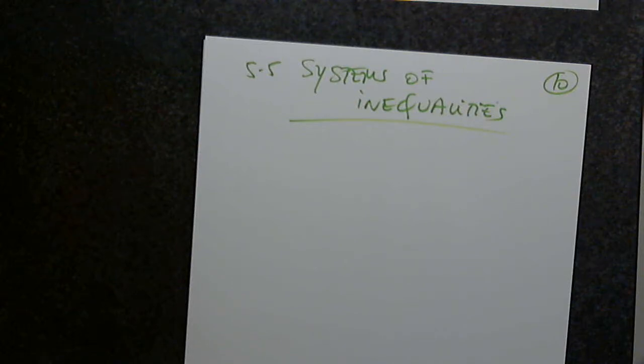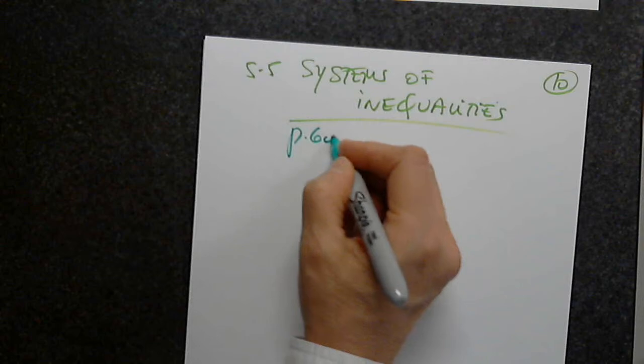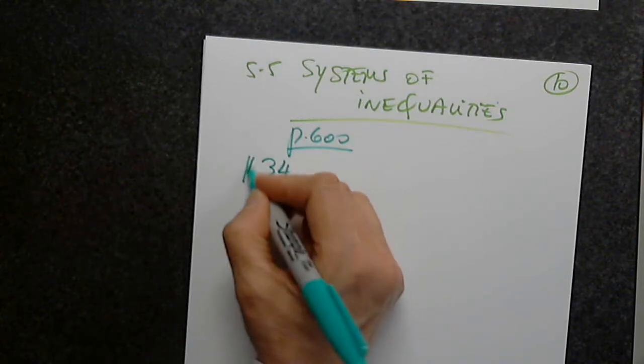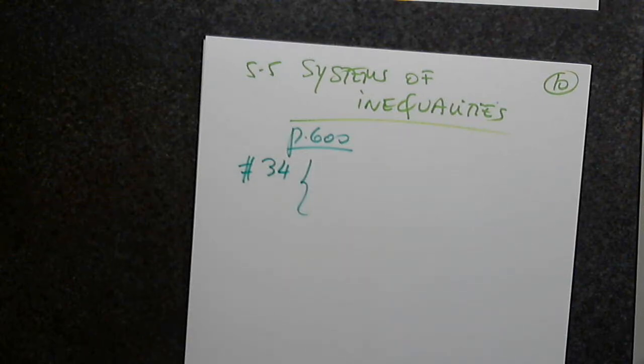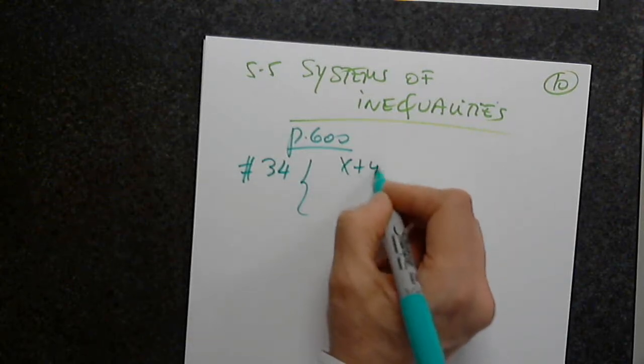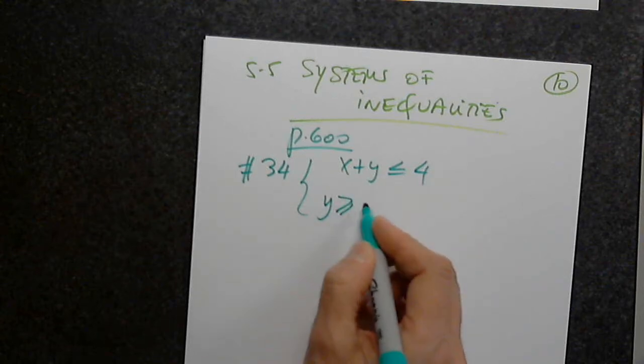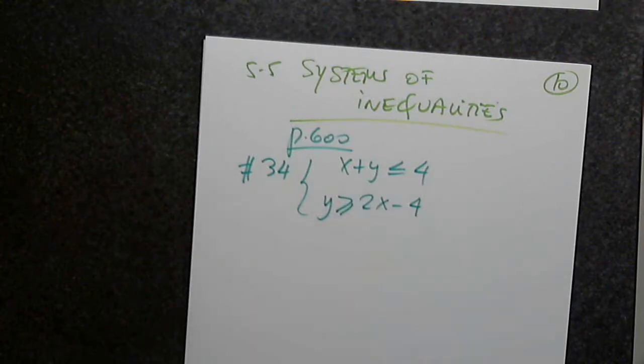If you don't, it's fine too. We are on page 600. And allow me to pick the first one, and then you pick the next one. I would like to pick 34. We have a system of x plus y less than or equal to 4, and y greater than or equal to 2x minus 4.